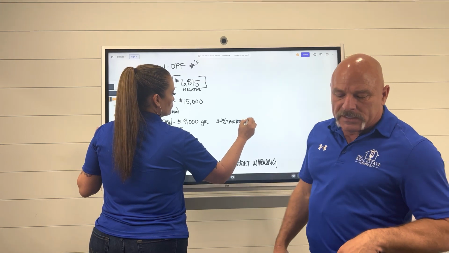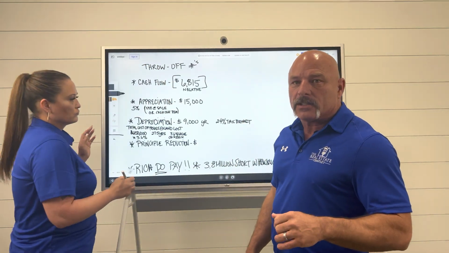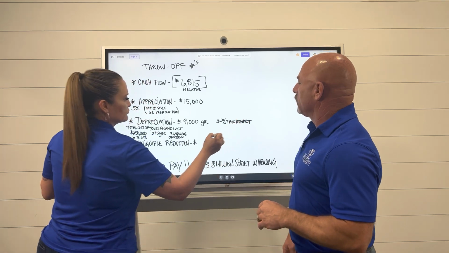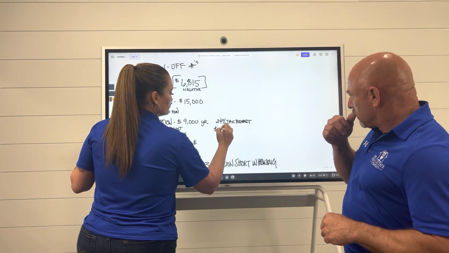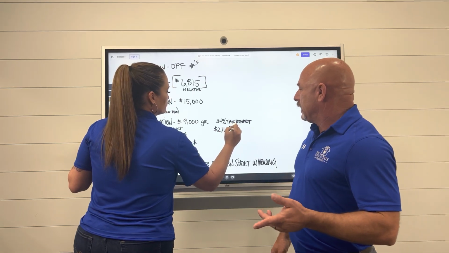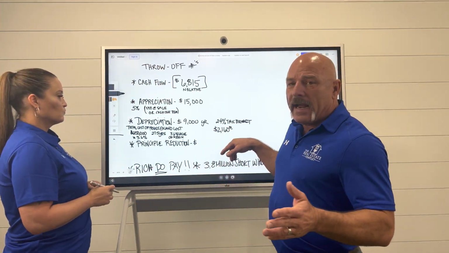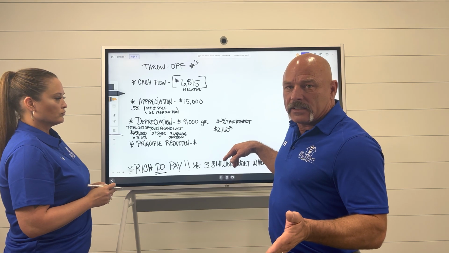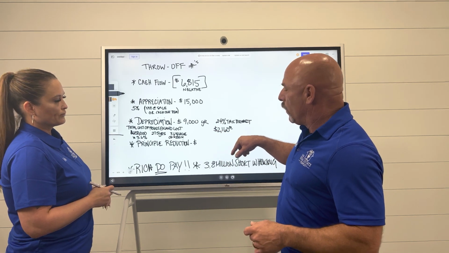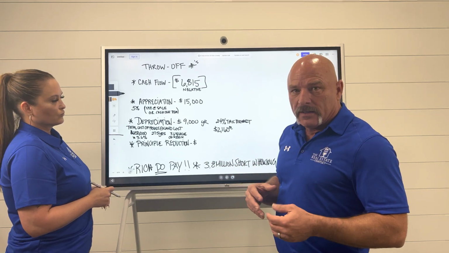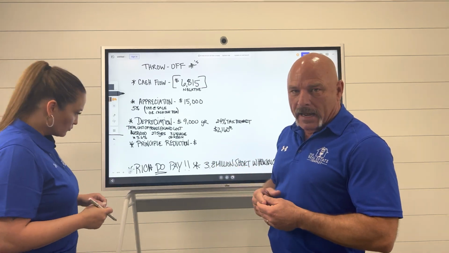With a 24% tax bracket, that's going to give us $2,160. So with the $2,160, if you paid in $10,000 worth of taxes, then you're going to get this whole $2,160 back as a return. So they're going to give you all that money back.